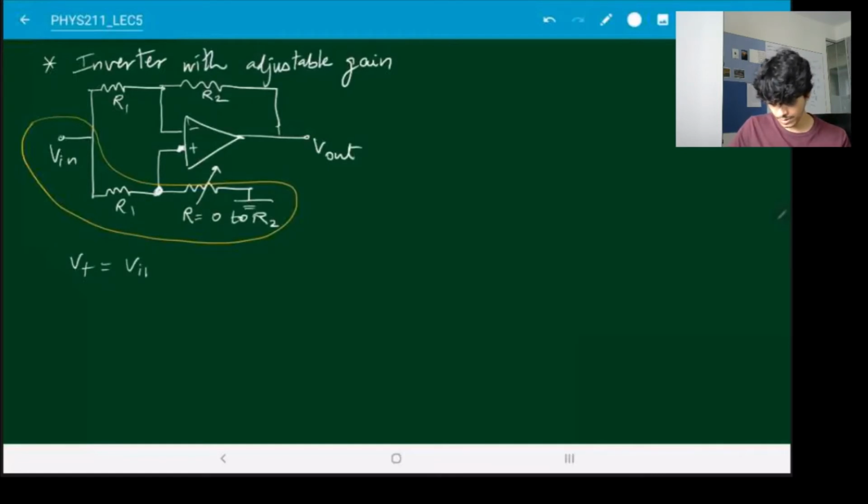So this is V in R divided by R1 plus R. So that gives me V plus. Now V minus, because of the virtual short, is also exactly the same.